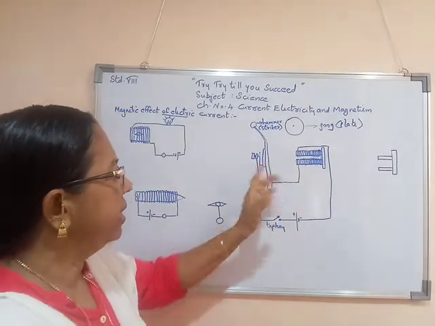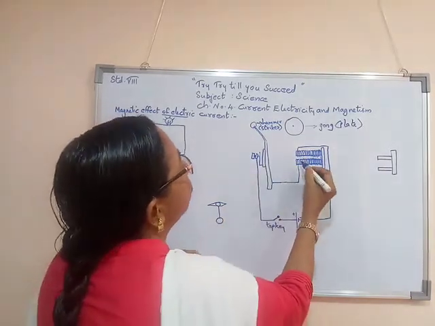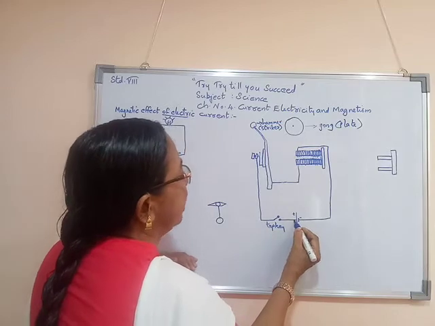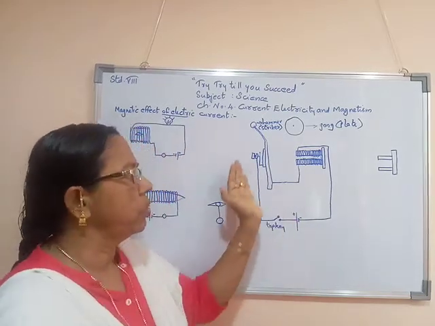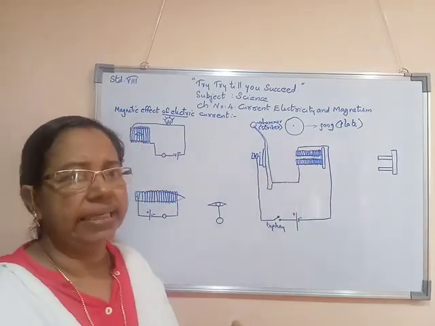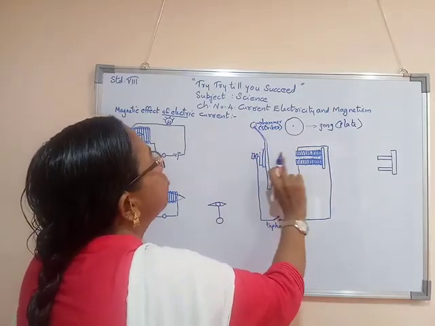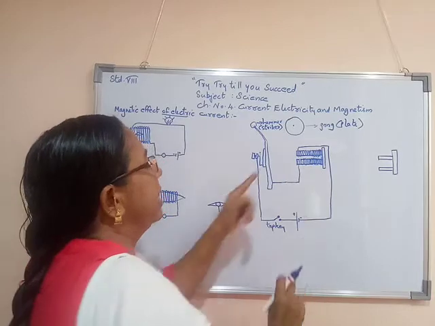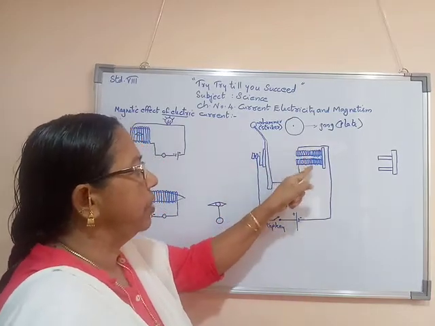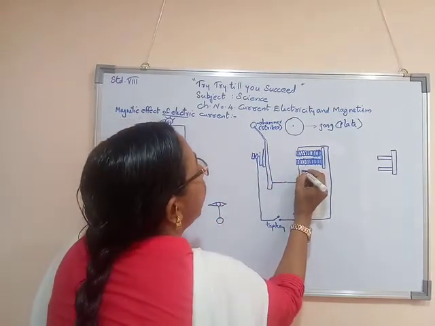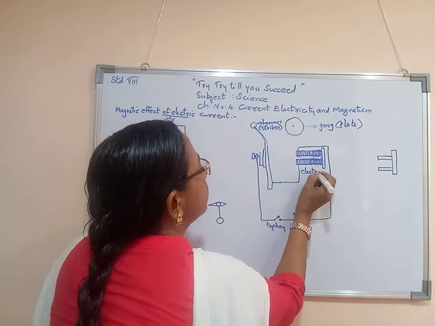As and when current flows through this circuit with the help of this cell, you can find that this bell will ring. As and when current flows, this particular part becomes an electromagnet.